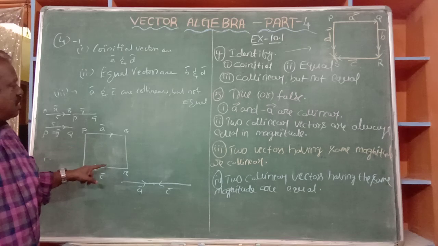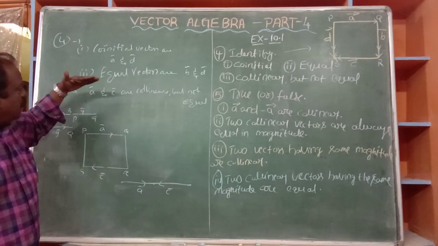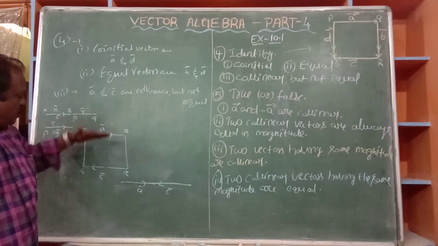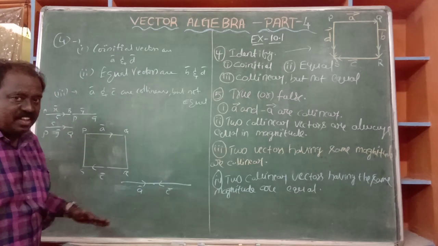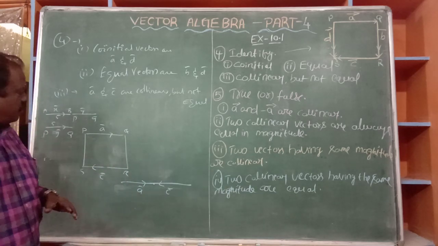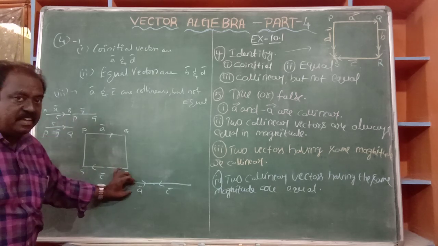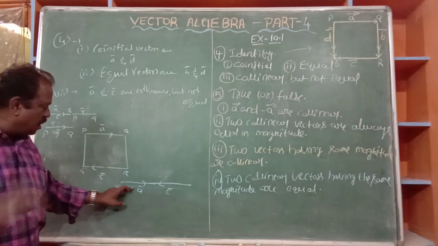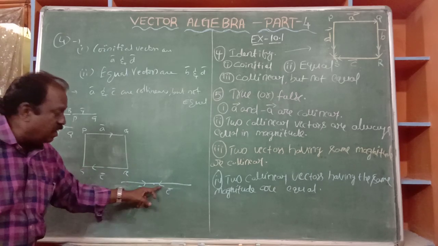Why? Because they are not equal means they are in opposite directions. But the lines of directions can be parallel to a line, or otherwise you take it like this. For this PQ bar, A bar, I take here, they are equal vectors. For C bar, opposite direction, yes, opposite direction.